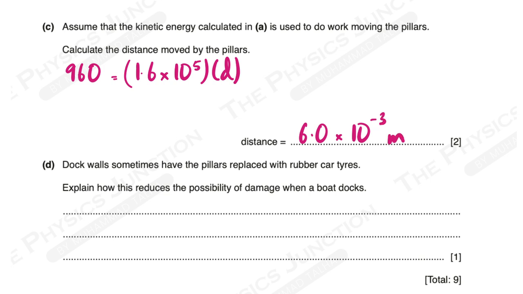Dock walls sometimes have the pillars replaced with rubber car tires. Explain how this reduces the possibility of damage when a boat docks. This is actually a good question because you know that with the rubber car tires, the time in contact, I can say the time for the boat to come to rest, increases.